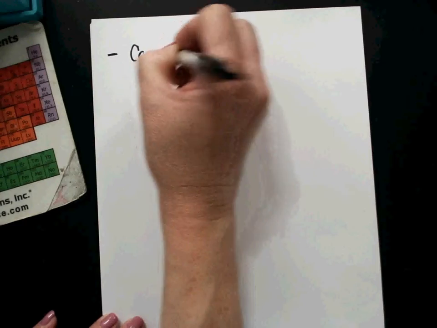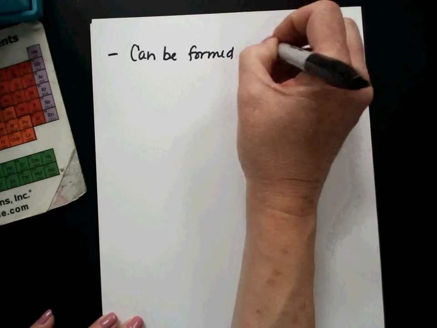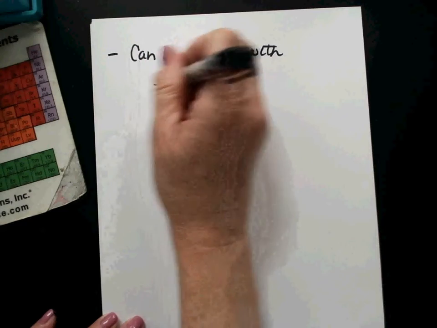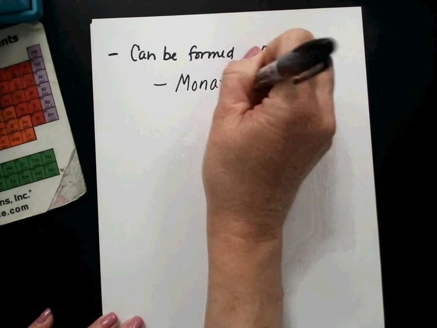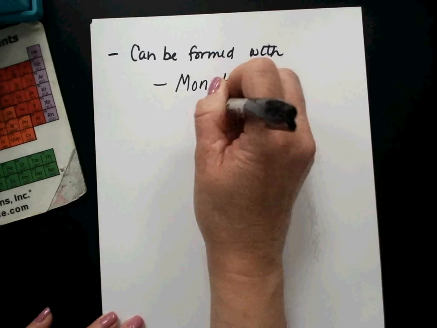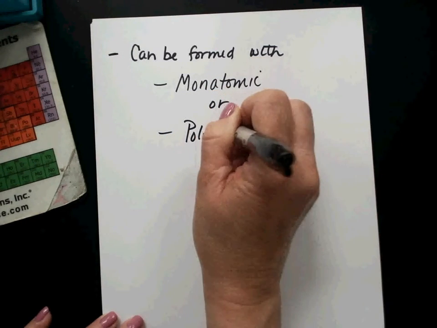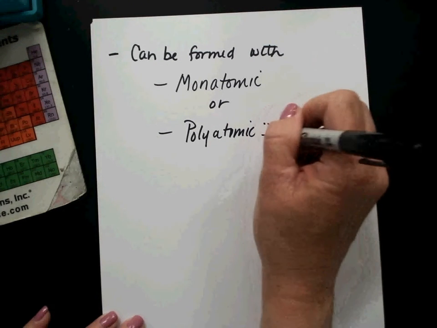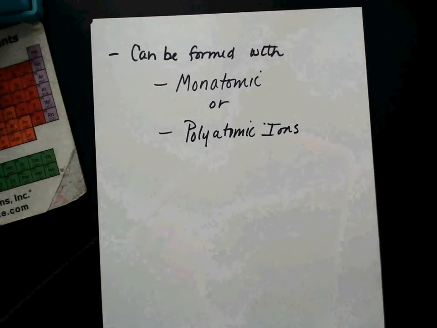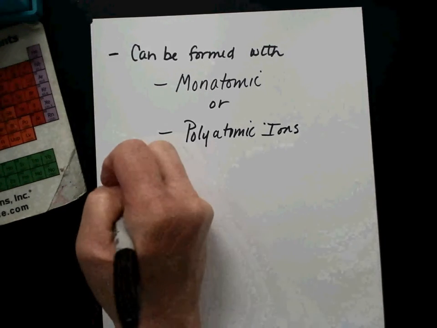They can be formed with monatomic or polyatomic ions. So we have to talk about what those are. Let's talk about monatomic first.